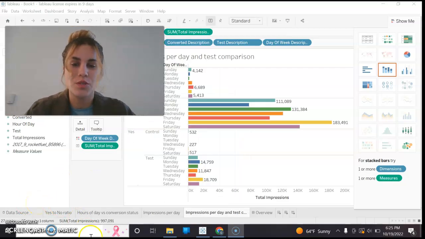Alright, so my fourth visual, in this one I wanted to focus on the differences between the control groups and the test. So people that were actually exposed to an advertisement and people that were under the control groups.